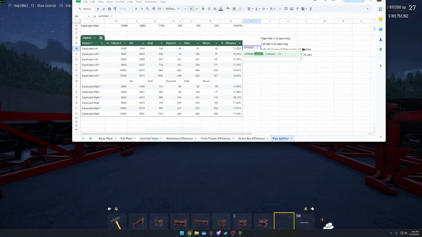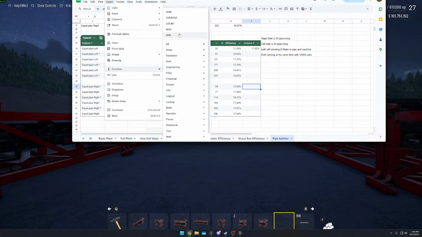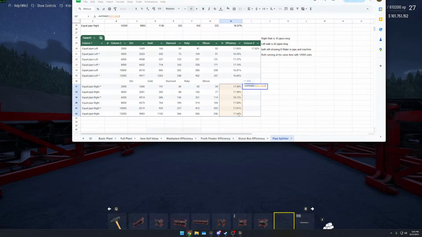Insert function average. Insert function average.